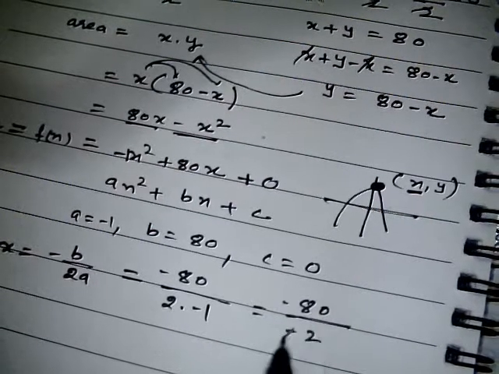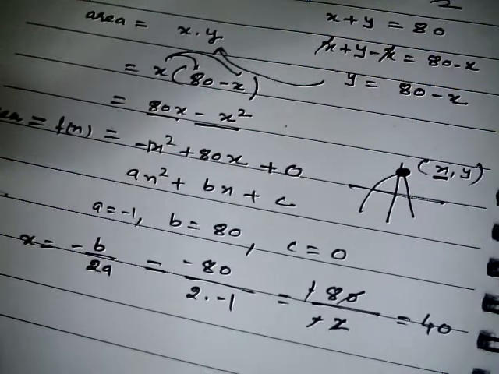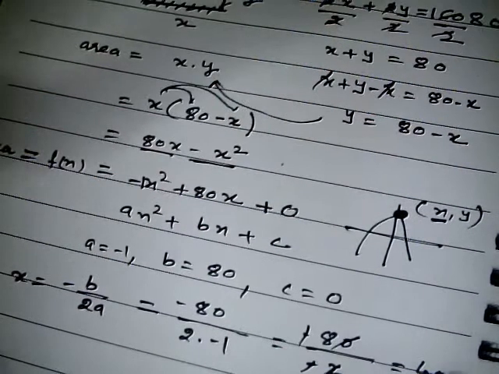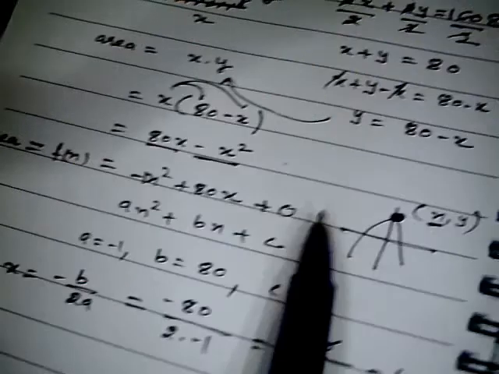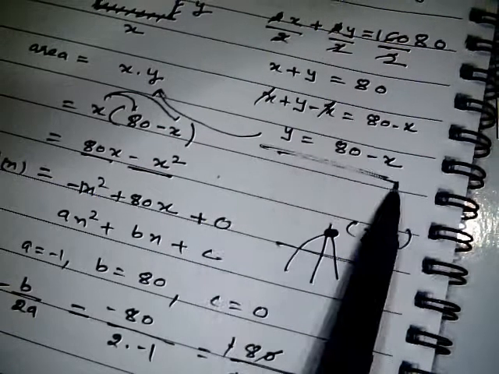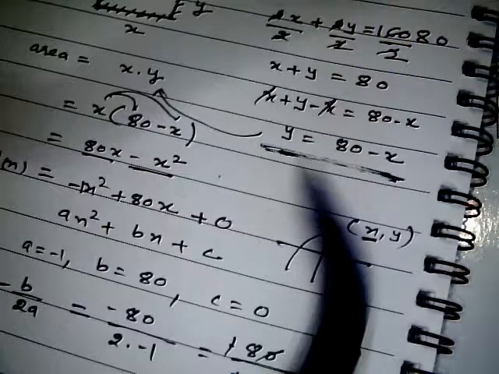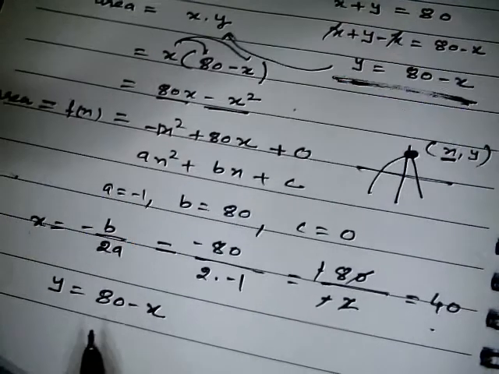Now to calculate the y value, either you plug this x value into the function, or use the other relation, which is a bit easier. So y equals 80 minus x, and the x value is 40, which I plug in.